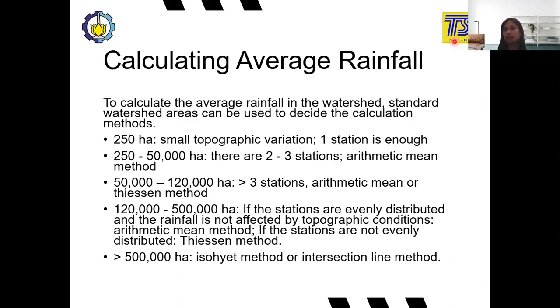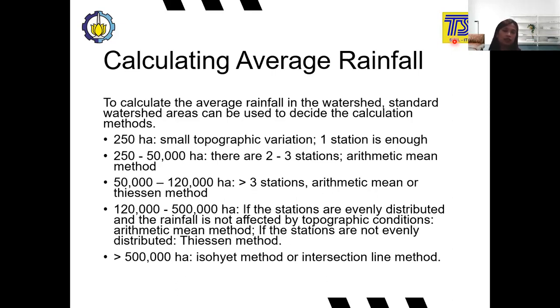And if the area has small topographic variation, which means the area is quite flat, not a mountainous area where some of the area is mountain and the other area is valley, no. So small topographic variation means the area is quite flat. If the conditions are like that, one station is enough.